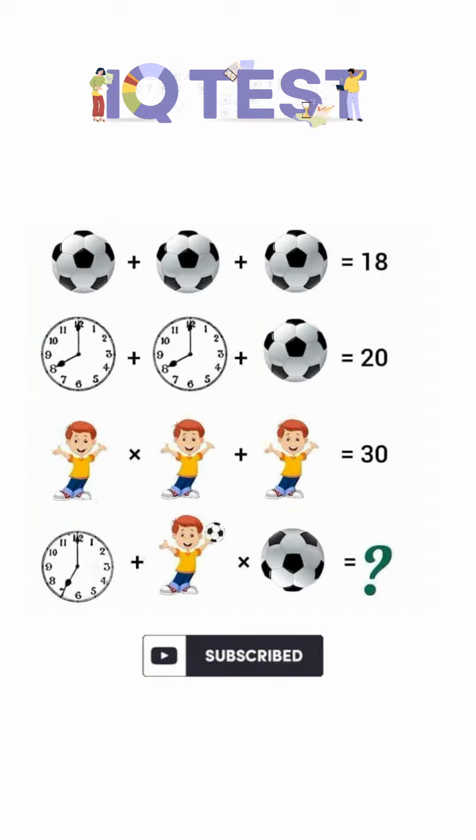Simon, are you sure? The boy is 5 plus the ball, which is 6, and that will give us, yes, 11. I agree. So 11 times the ball, which is 6, that will be 66, plus 7.